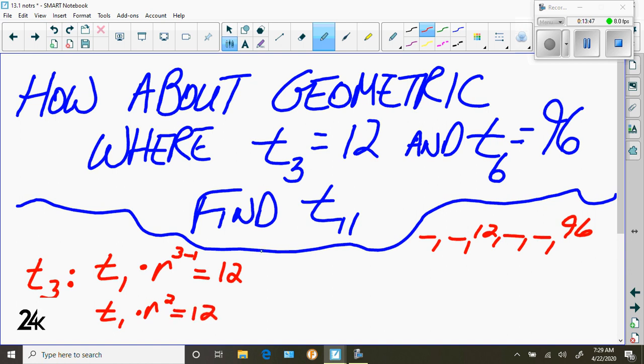Duh. Okay. Now, let's go over here and talk about the sixth term. Not in blue. The sixth term. Well, the sixth term is the first term times r to the n minus 1. Well, this time n is 6. But I know that answer.